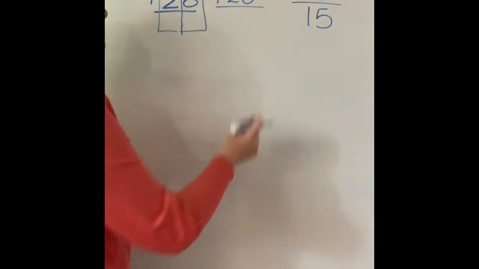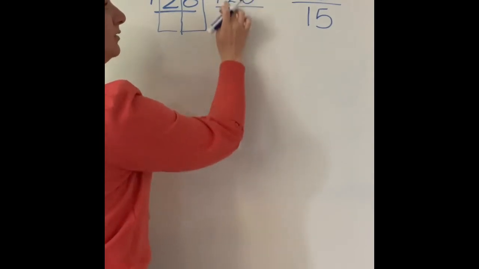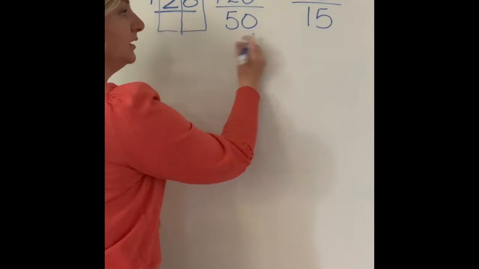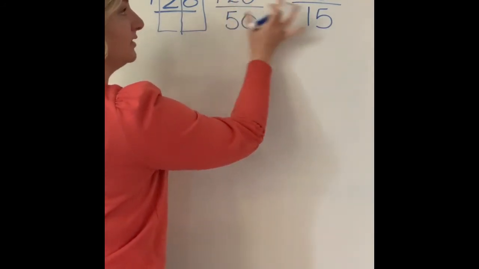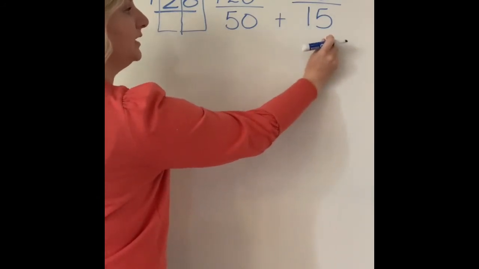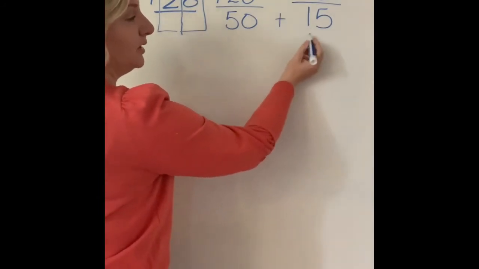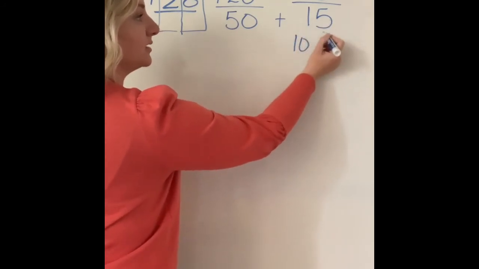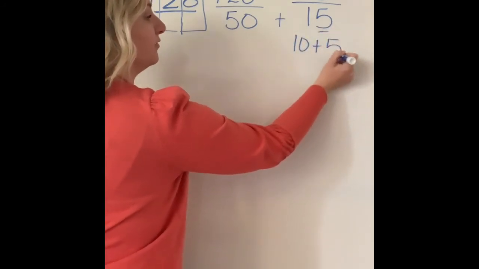30 plus 20, 30, 40, 50. So now I have 50. We still have to add these together to get this whole number. So we have 50 plus 15. The 15 can be broken down even more to a 10 plus a 5.